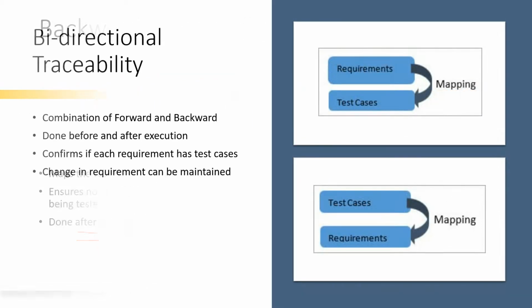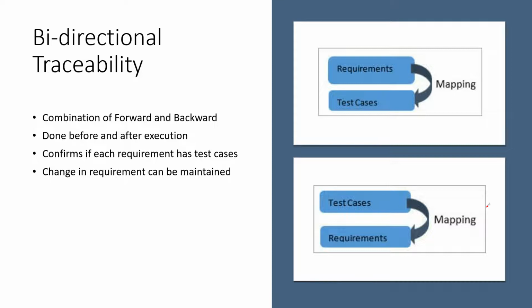Next is bidirectional, which is a combination of backward and forward. Before testing, we check the traceability from the requirement, and after testing we check if test case execution is done properly and if it is mapping to the requirement.